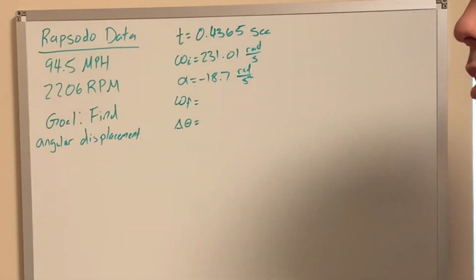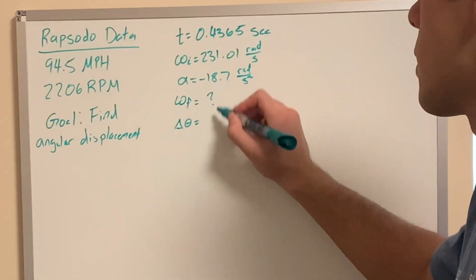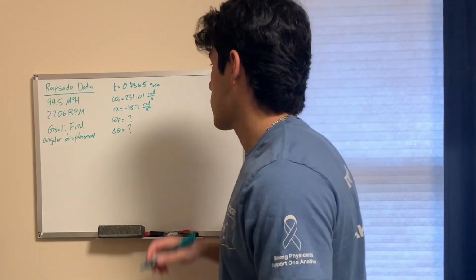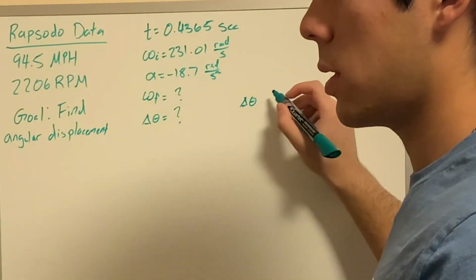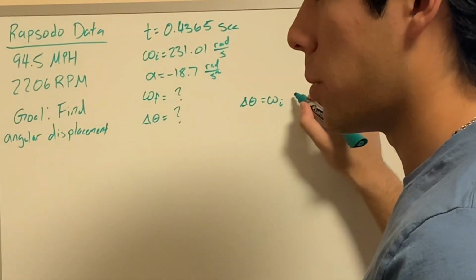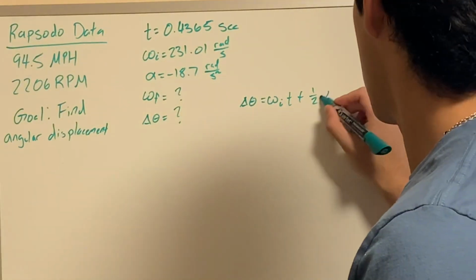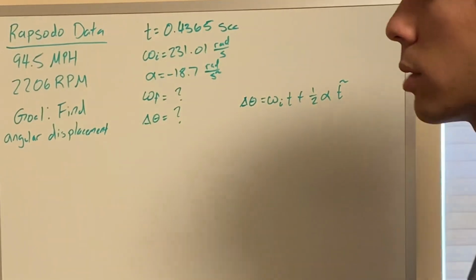We don't know the final angular velocity, and we are solving for the angular displacement. So now we can just use the angular kinematics equation. Angular displacement is equal to omega initial multiplied by the time plus 1/2 angular acceleration times the time squared.